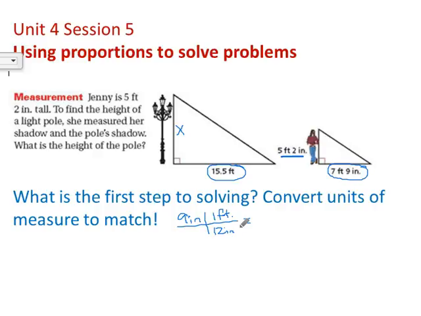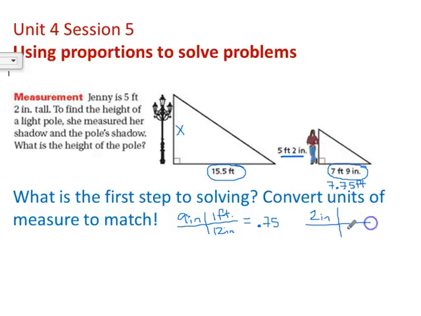So 9 divided by 12 gives me 0.75. So this new length is going to be 7.75 feet. That's all in the same units of measurement. We need to do the same for that 2 inches for her height.